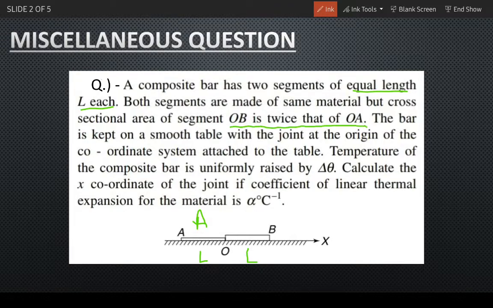So this cross sectional area will be 2A if we consider A as the cross sectional area of rod OA, and the temperature change is del theta, and we are given the coefficient as alpha. So we need to calculate the x coordinate of the joint if O is the origin of the coordinate system. So you may pause the video and try the question yourself. Meanwhile, we'll solve the question over here.